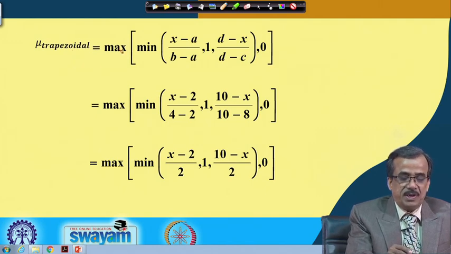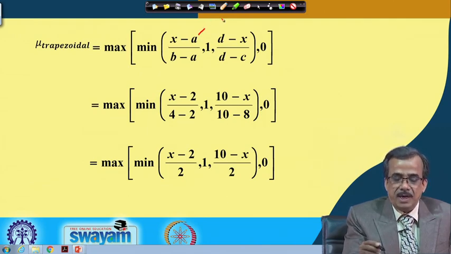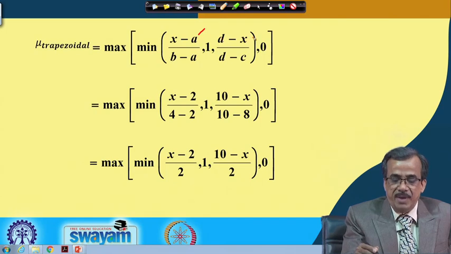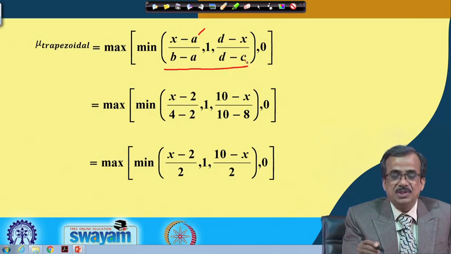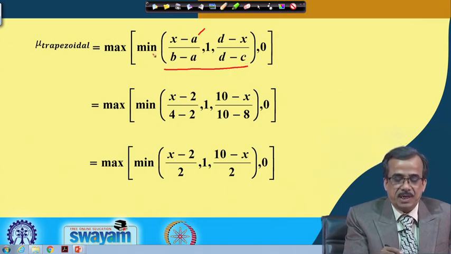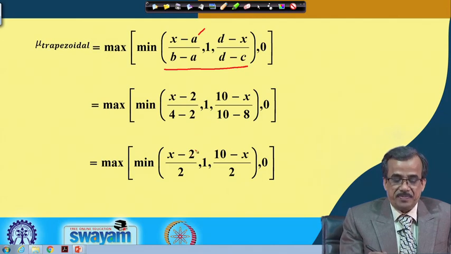Mu trapezoidal is nothing but the maximum between the minimum among (x minus a) divided by (b minus a), comma, 1, comma, (d minus x) divided by (d minus c). We will have to find the minimum among these three and then compare with 0 and find out the maximum.